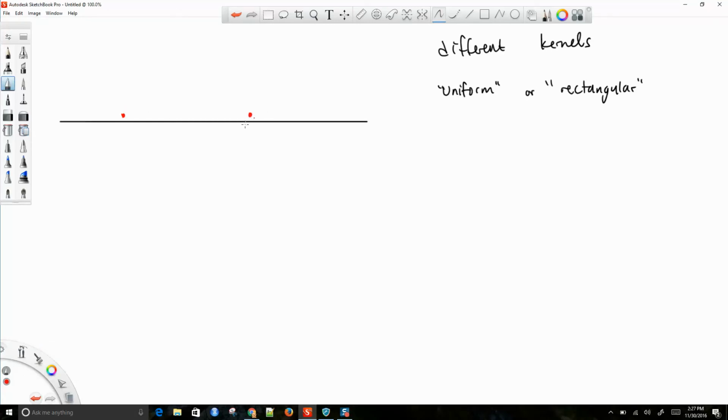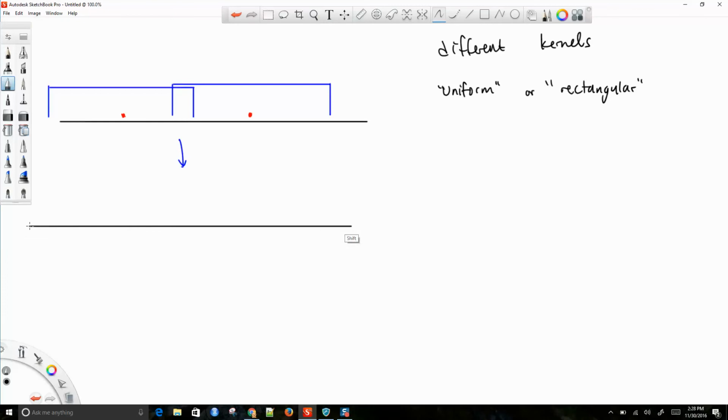For the rectangular kernel, instead of adding this nice Gaussian curve, it's going to look like this. Here I've got a rectangle, and here I'm going to put another rectangle over here. When I add these two together, what will our resulting plot look like? It's going to be a rectangle, but right here, because these two are being added together, you get this funny little action here.